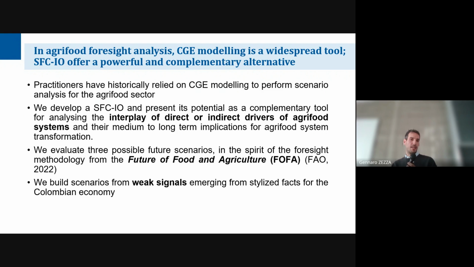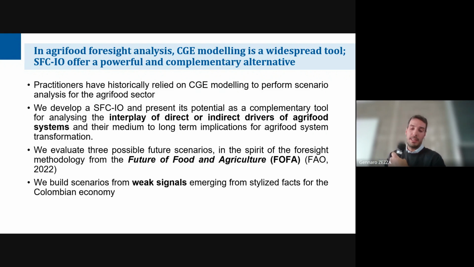In particular, I work in a team that takes care of the future of food and agriculture flagship publication. And of course, there we use CGE modeling. So the idea here is to show that for those types of long-term analysis, we can actually apply our stock flow consistent methodology.